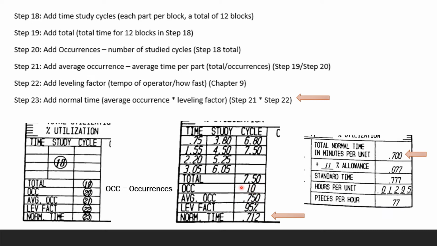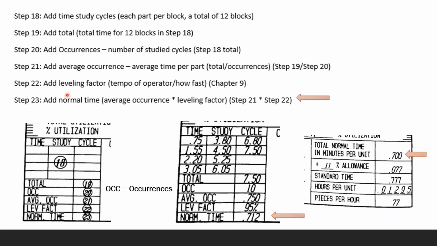Altogether, OCC is 10. The total time we got is 7.50, and you divide this by that, and you will get 0.750. So that's your average OCC. One occurrence is going to take about that much time, and for 10 occurrences, we take this much time.